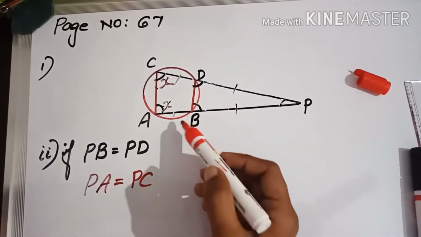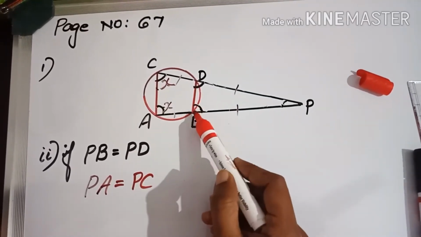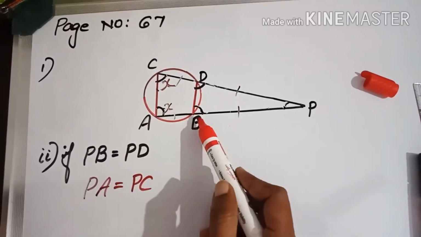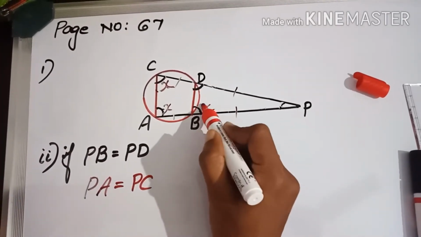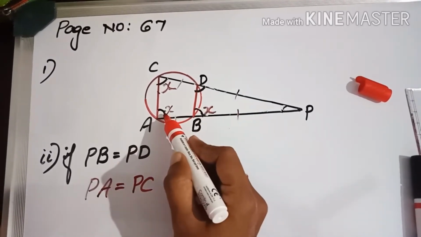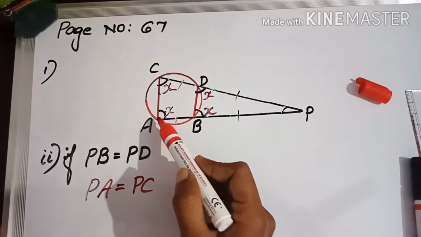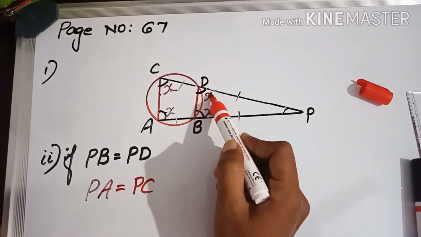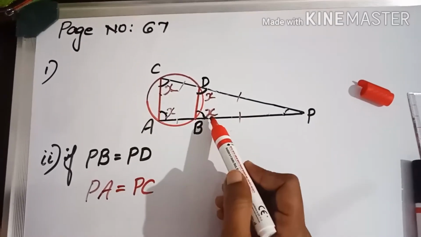Now, according to the outer angle concept, here it is x, meaning angle B. This is the outer angle through the opposite vertex of C. That means this will also be x degree, and here also x degree. Angle A through the opposite vertex, that is D, the outer angle is x degree. These two will be equal.